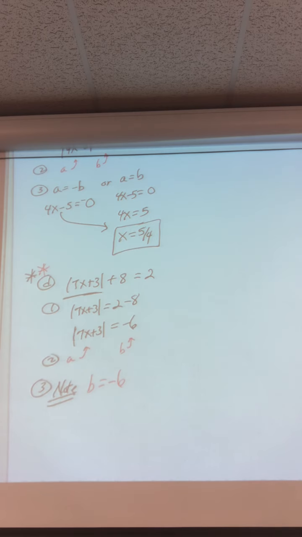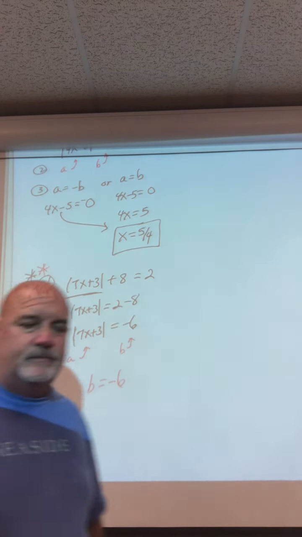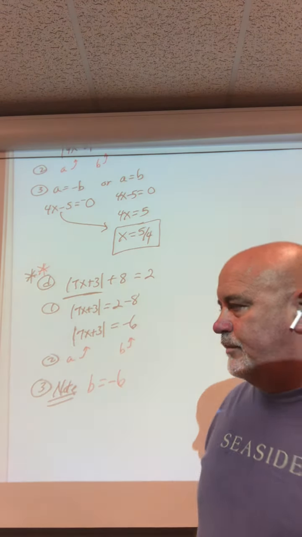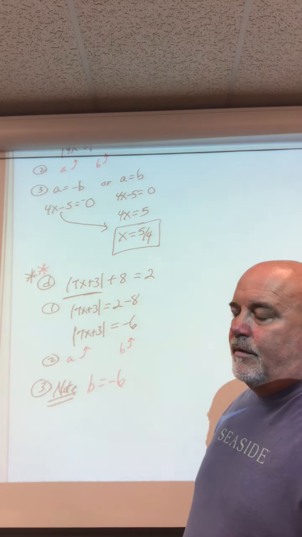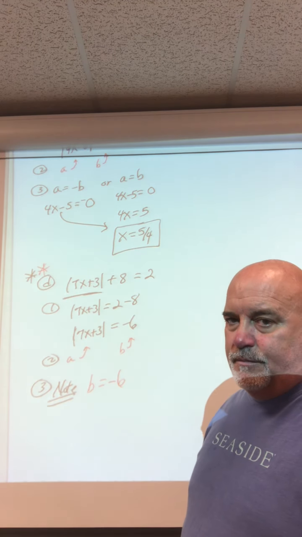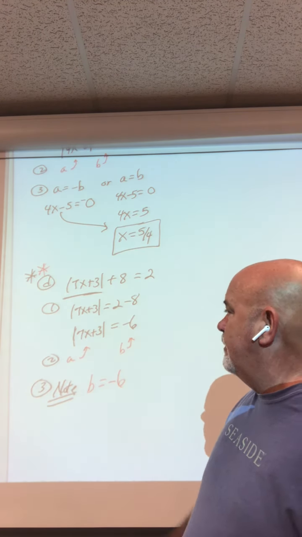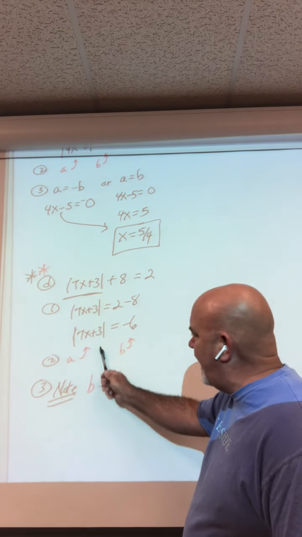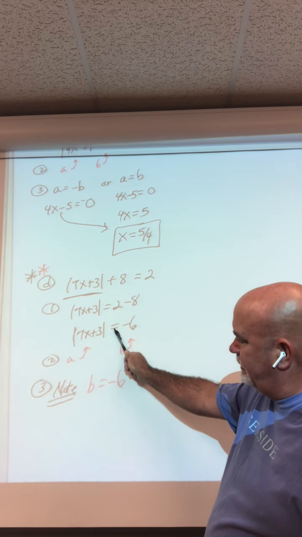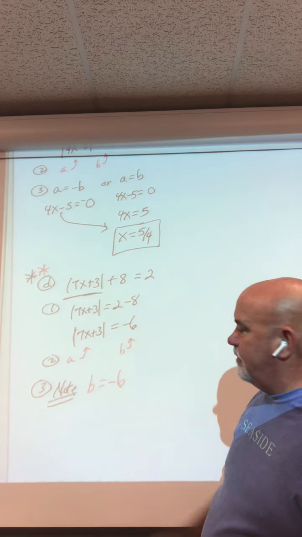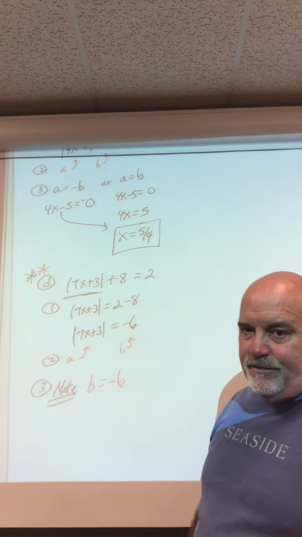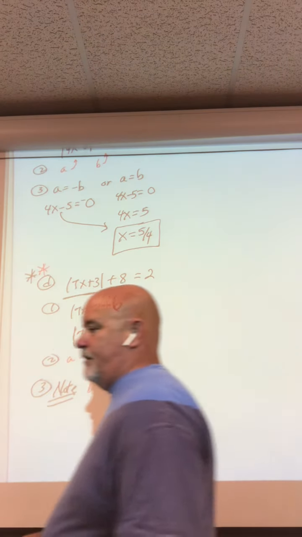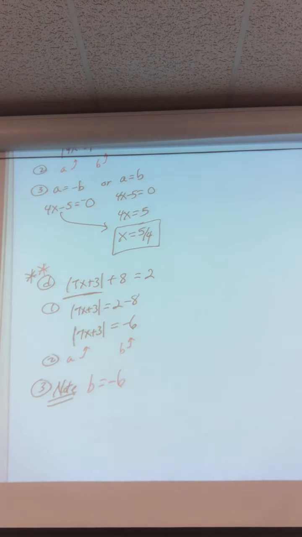All right, before I go any further, let me give you this note and then I will explain why. Here's the note. When using Formula 1, absolute value equation, if B is negative, there is no solution.